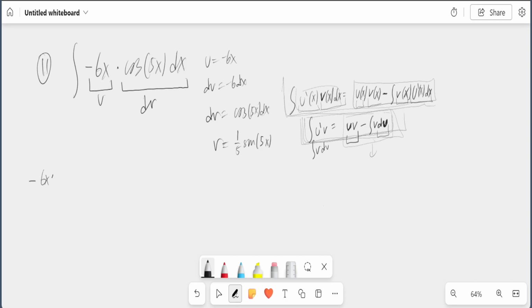Oh, watch out. It's u times v, right? Our v isn't cosine 5x, that's our dv. Cosine 5x dx. You need to take the integral and find v. Right. Yeah, that's why I still do this to this day, where I just write them out on the side. That way I know which one is which.